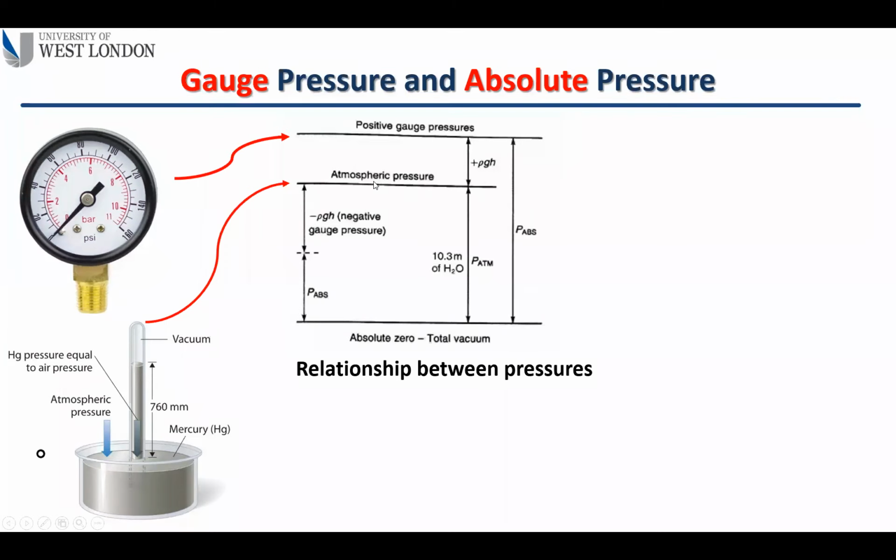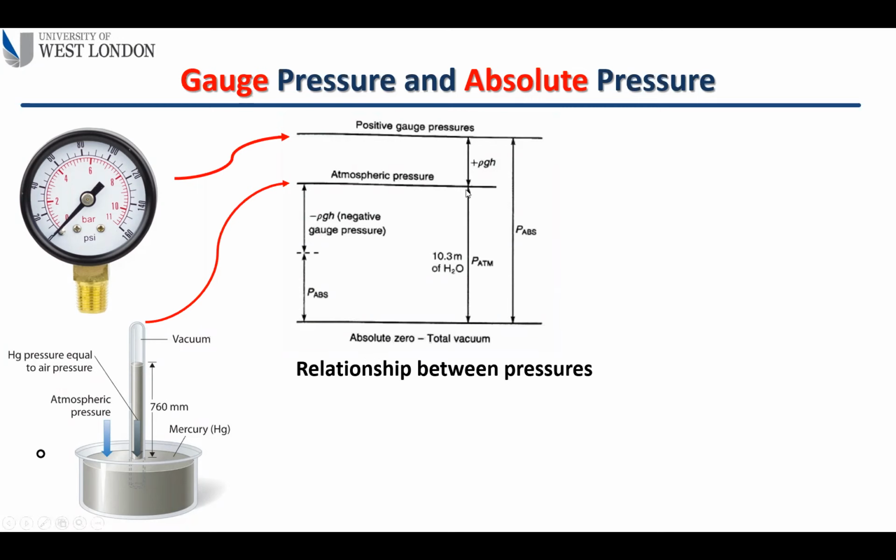However, at sea level, if you have a gauge, the gauge shows 0. So the gauge pressure at sea level shows 0. However, we have the atmospheric pressure, which is equal to 760 millimeters, which is the absolute pressure.